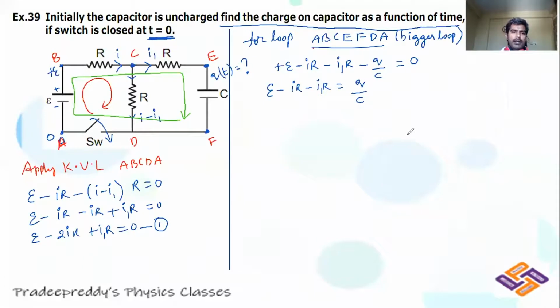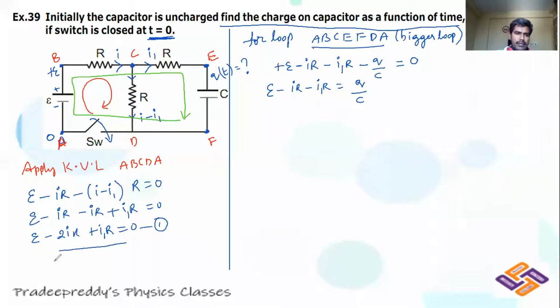Okay. Now you can eliminate E, or you can eliminate I1, or you can eliminate I. That's your wish. So what I will do is I'll eliminate I from this equation. In order to eliminate I, what should I do? From this equation you can write it.